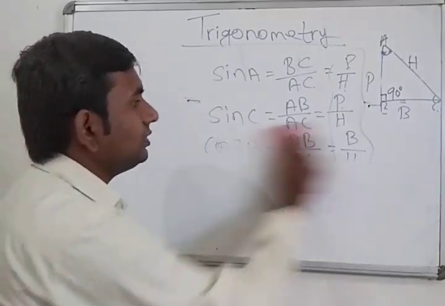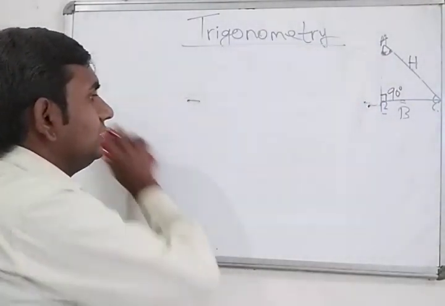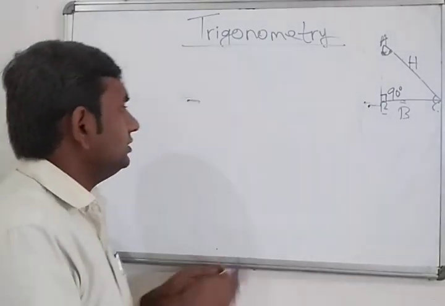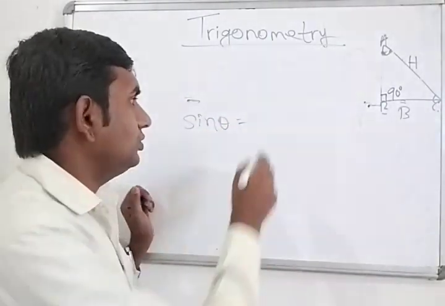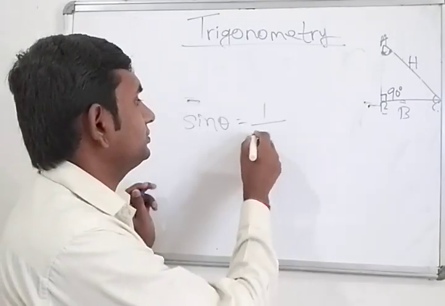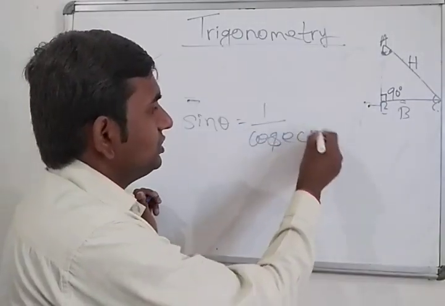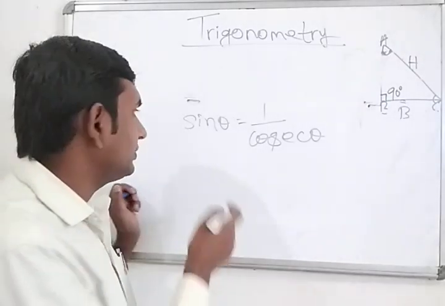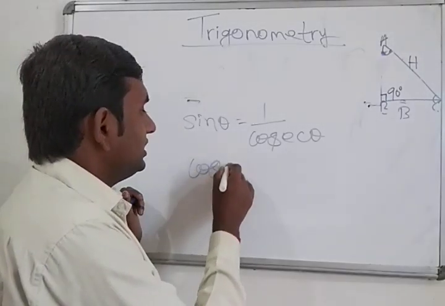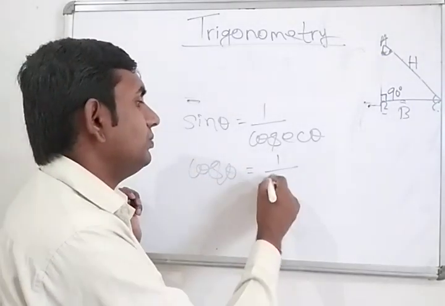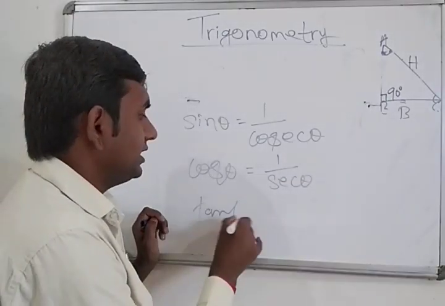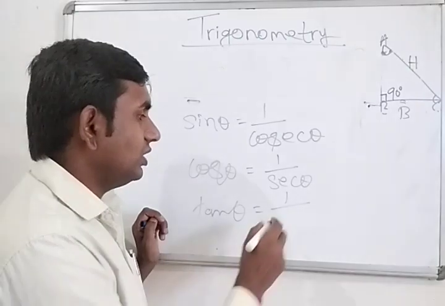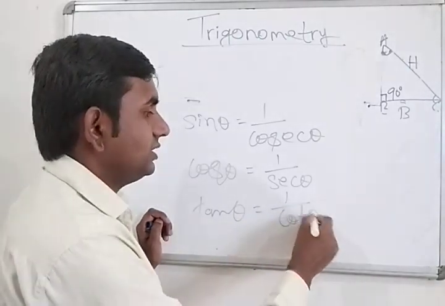Now one thing here: sine theta is equal to 1 by cosec theta. Okay, cos theta is equal to 1 by sec theta. Okay, and tan theta is equal to 1 by cot theta.